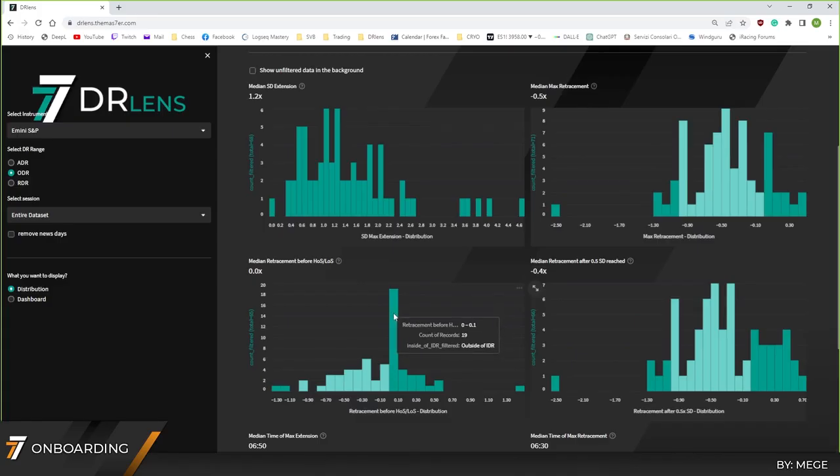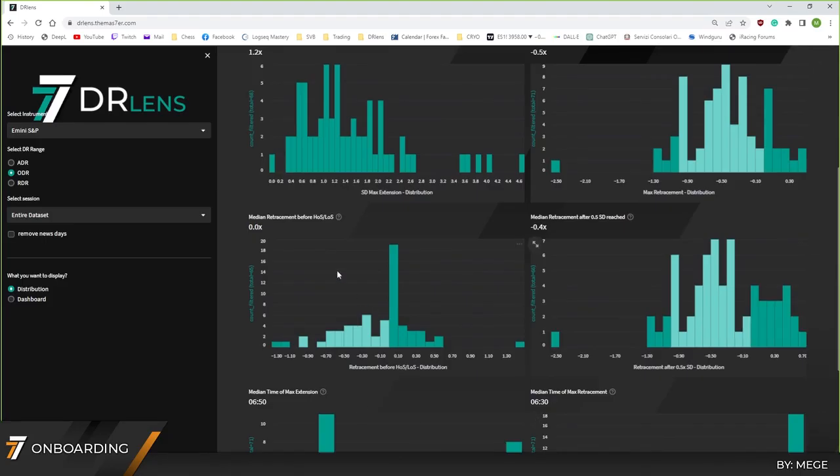Some days the max retracement is the same as the retracement before the high, and some days the retracement after 0.5 is the same as the retracement before the high. So overlapping areas tell you that this happened in all three, and that's why it's good. That's how we use the three charts, but the most important one is the retracement before the high.